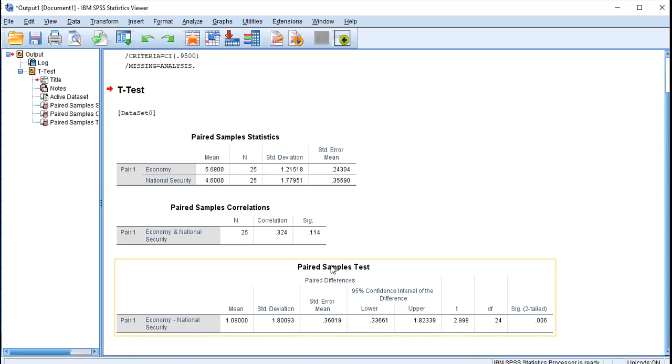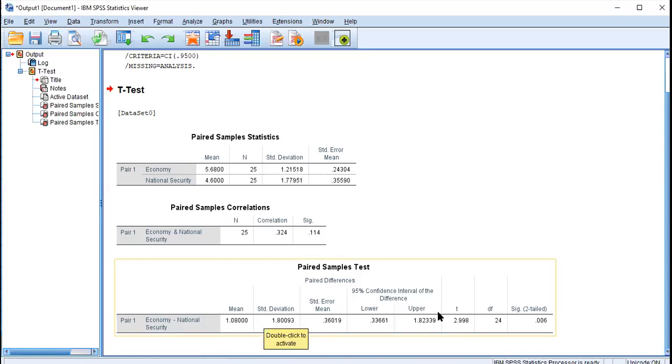So the answer is 1.08 divided by 1.8, and if you actually do the test, the value you'll get is 0.6. So 0.6 is the effect size. This is something we are knowing from these two values here.